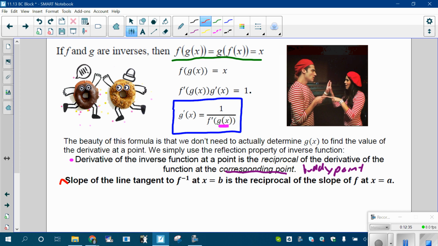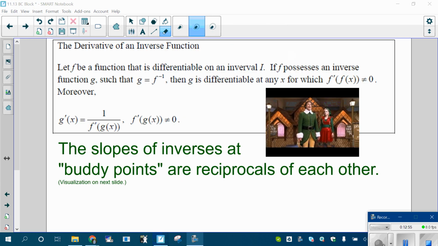Here it is summarized one more time. The slope of the line tangent to the inverse at x equals b is the reciprocal of the slope of f at x equals a. Okay, at a different x value, at a buddy point. You'll see it once we do this together.